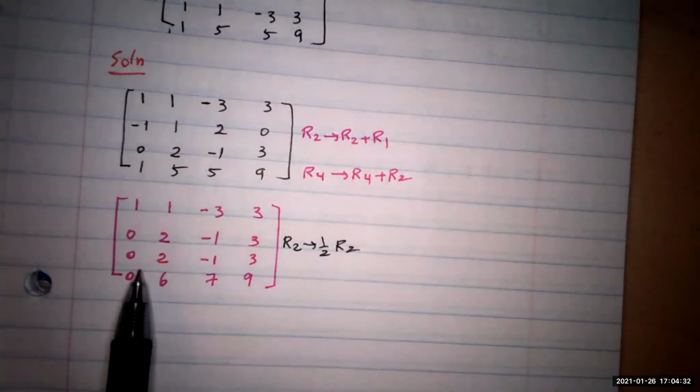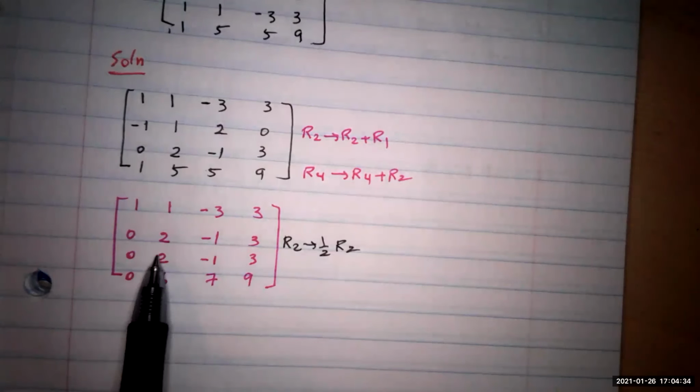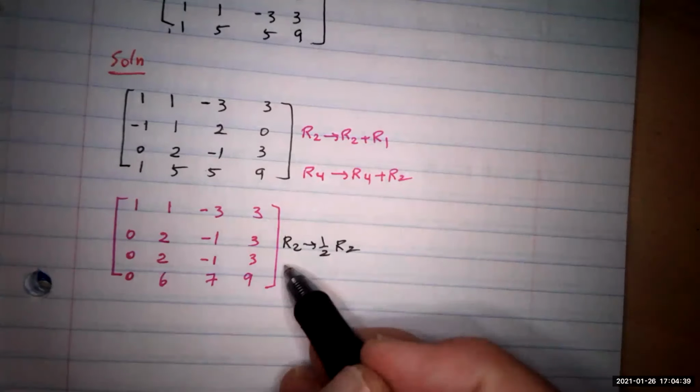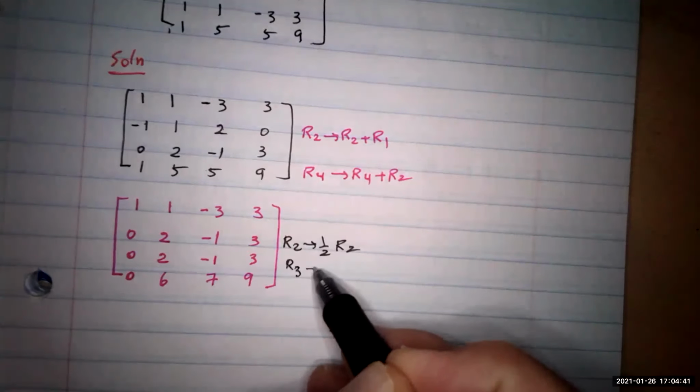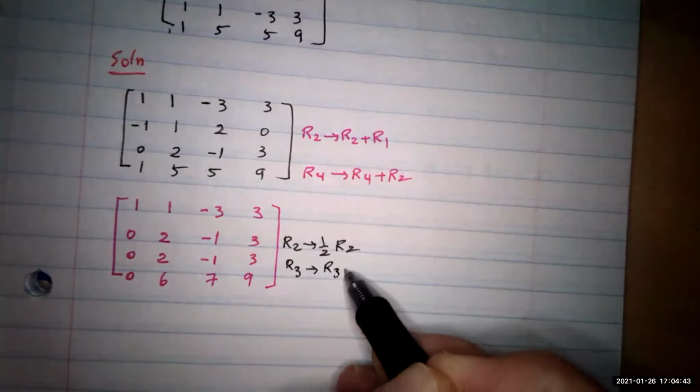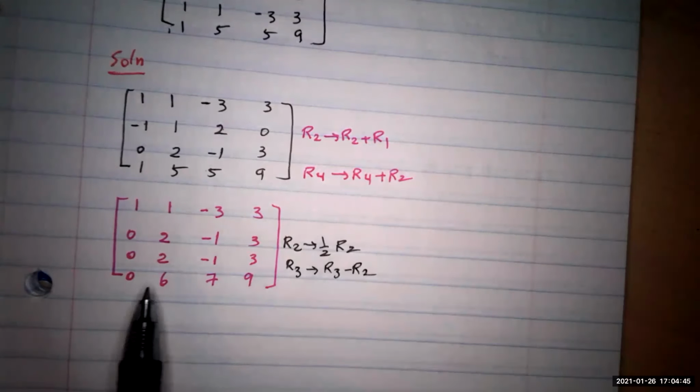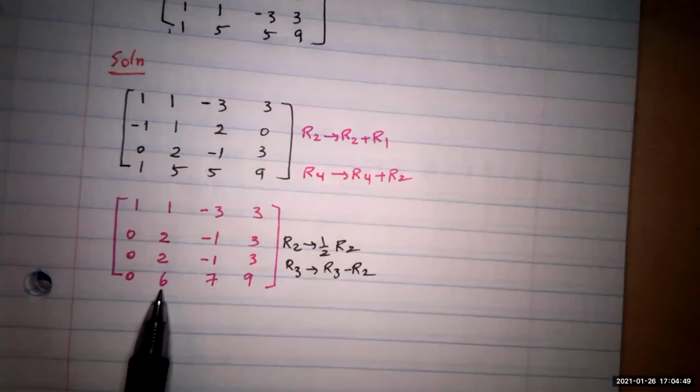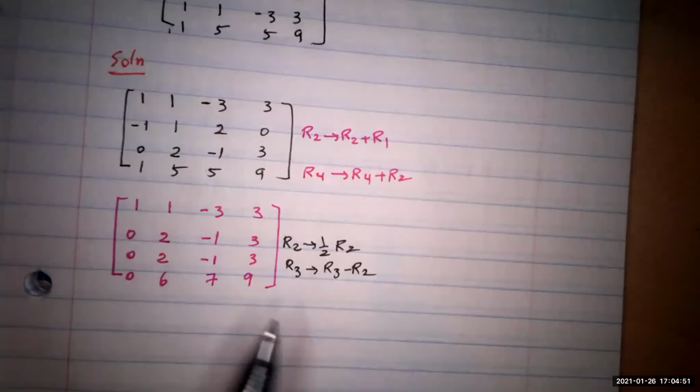And then both of them are the same, because then you have to change this one into the 0. So this is going to be R3. So the R3 minus R2 make this one into the 0. And then you have to change this one into the 0 so we can use the first one.